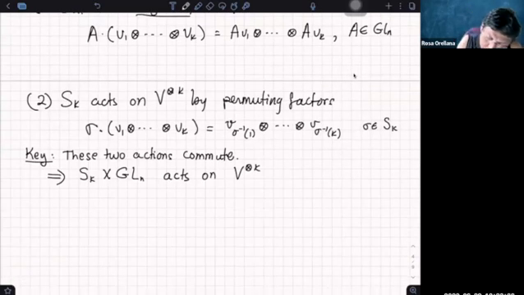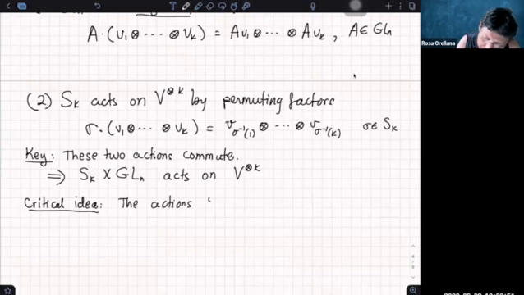But the important thing here is not only that the actions commute, which leads to the action of these two groups, but there is another very critical idea: in short, one can say that the actions centralize each other. So what does that mean?